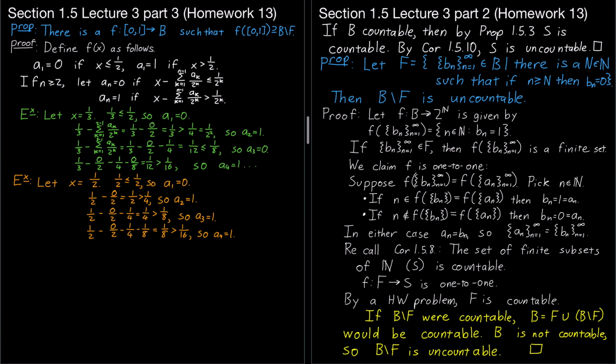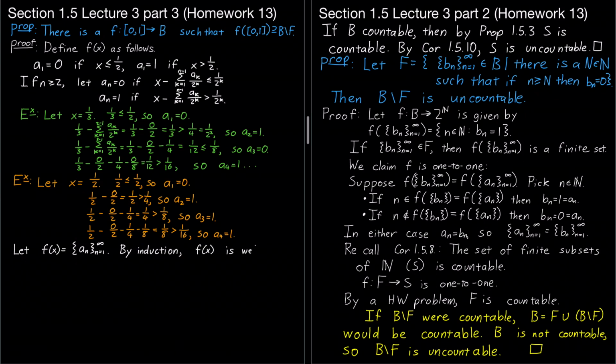It's a pretty simple inductive argument. We are going to, of course, let f of x be this sequence of an's. And then it's a pretty simple inductive argument to show that f of x is well defined.